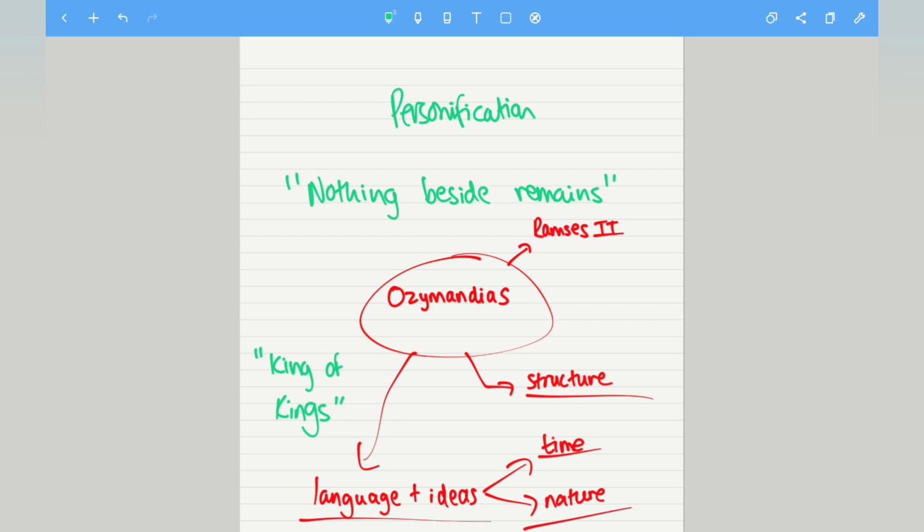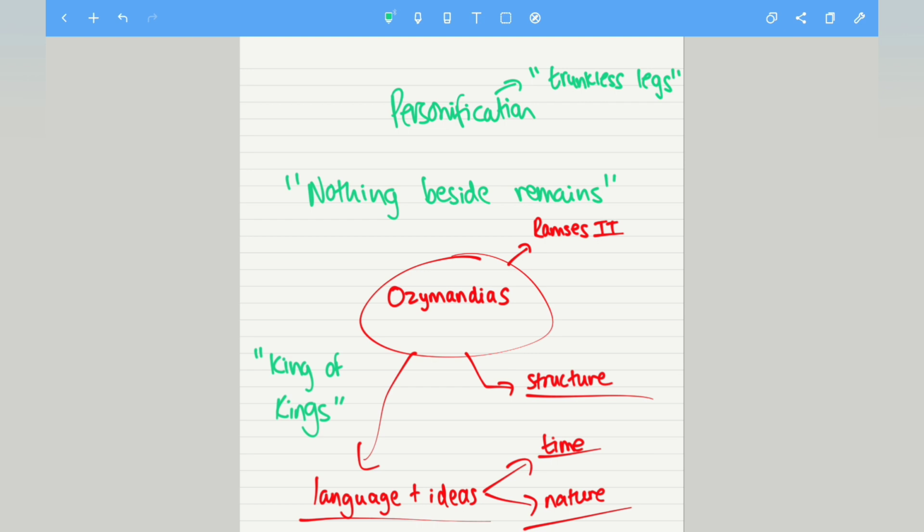And now, why is that used? It's as though the statue has been alive at some point, but is now dead and decaying. For example, an easy quote to refer to here is "the trunkless legs." That quote in itself is an example of personification. And also "wrinkled lip," that's another example of personification.